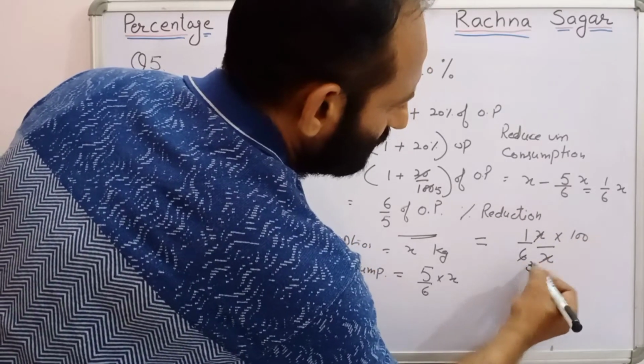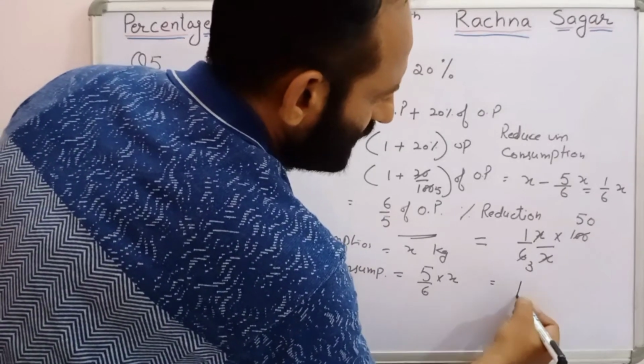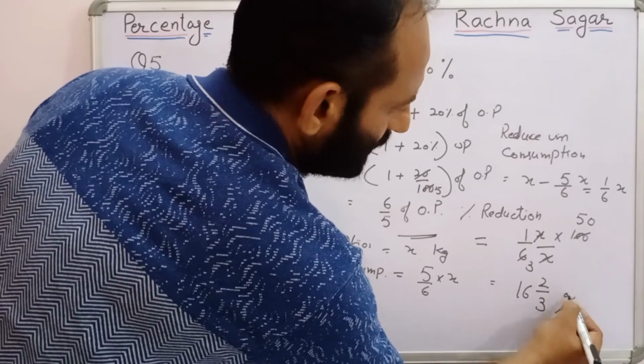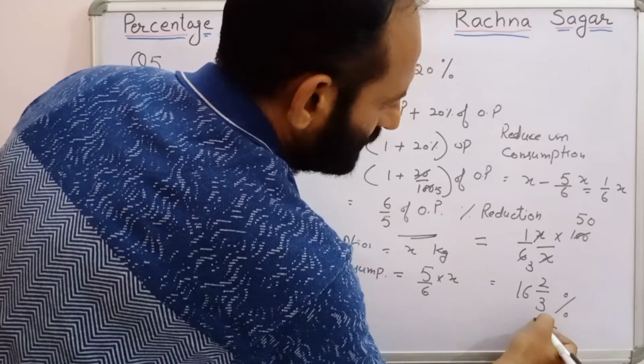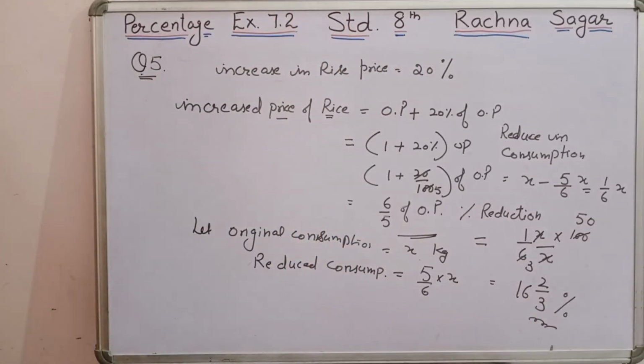It is 50 over 3%, that is 16 and 2 by 3%. To keep the expenditure same, the consumption should be decreased by 16 and 2 by 3%.